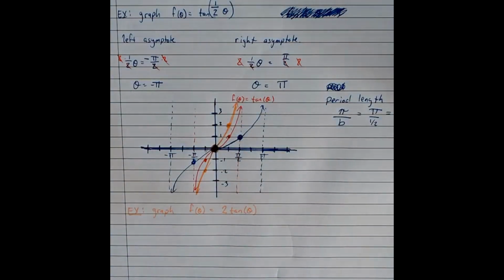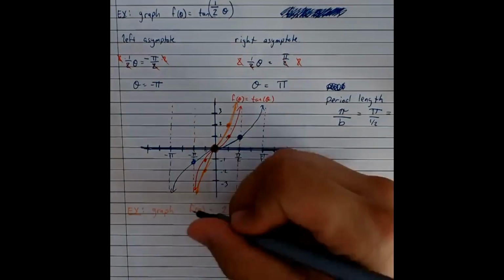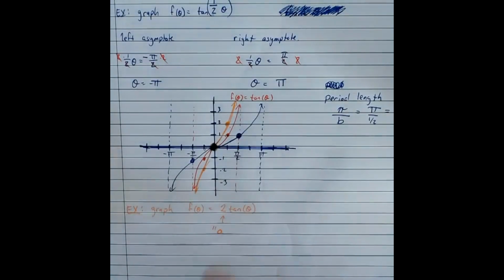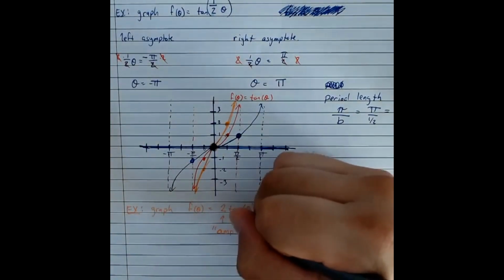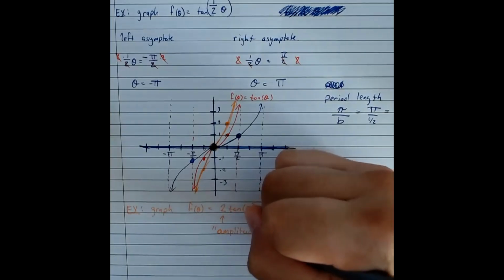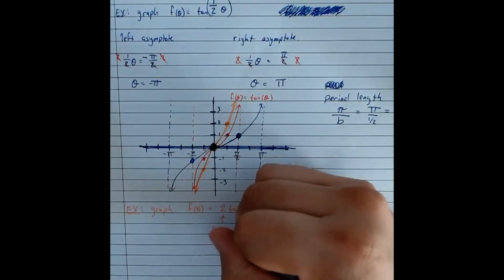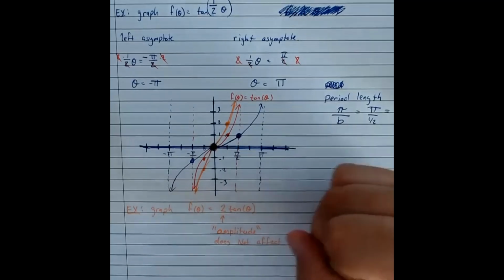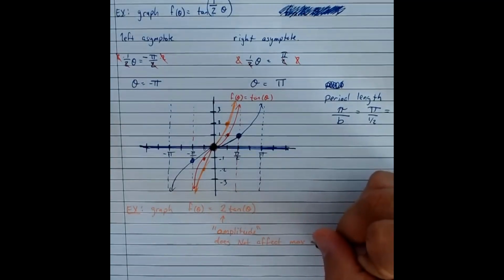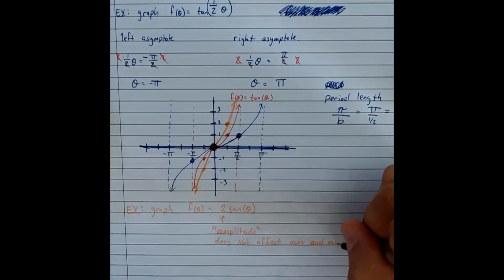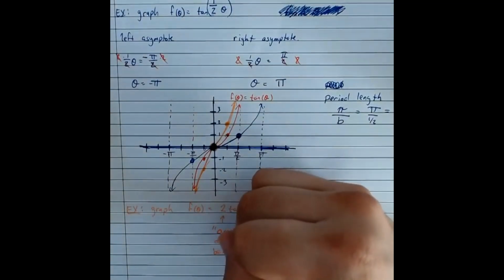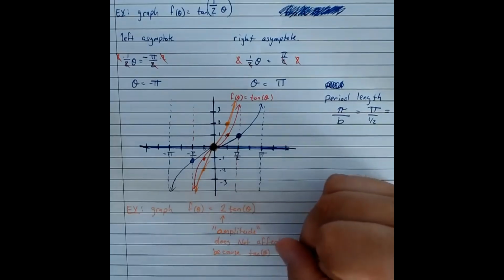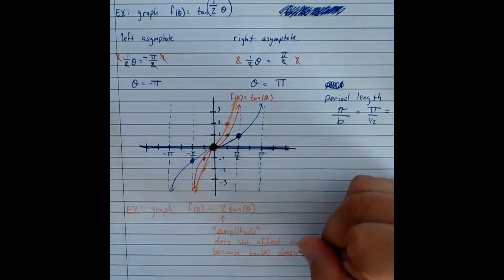Just like that. So here, and I'm going to put this in quotes because technically it's not an amplitude since tangent doesn't have one, but let's say amplitude does not affect the maximum and the minimum, because tangent of theta doesn't have any.